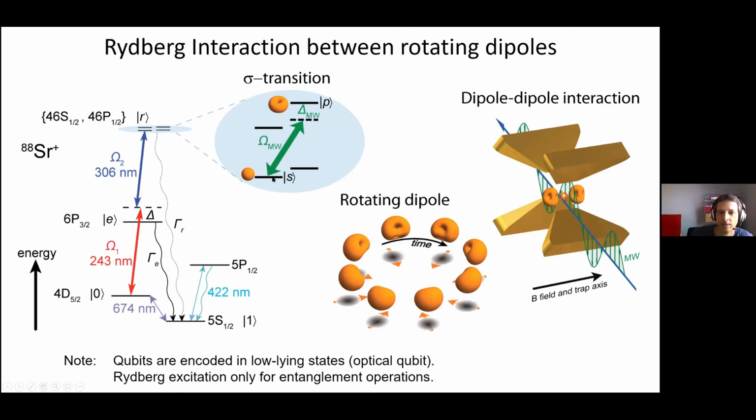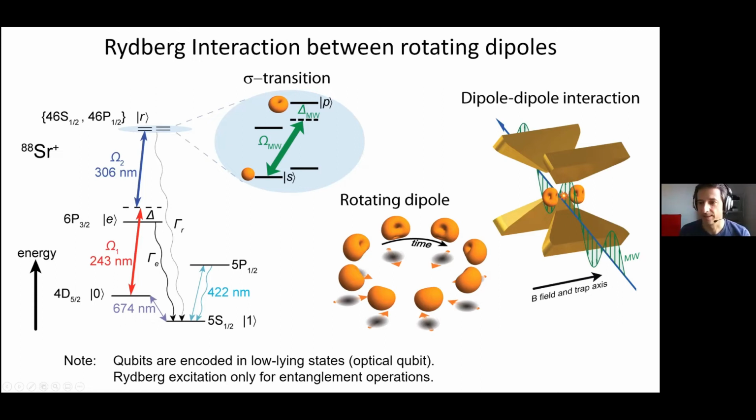So we couple an S state with a P state, and here, due to the quantization axis, the B field is along the trap axis, and the microwave field is perpendicular to that. We drive sigma transitions between these individual Zeeman levels. We then couple these two levels here, and we excite to these Rydberg levels.